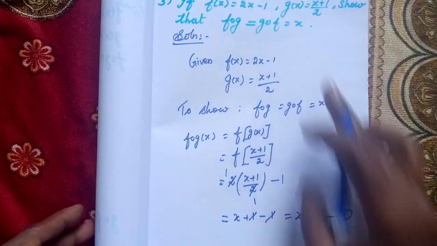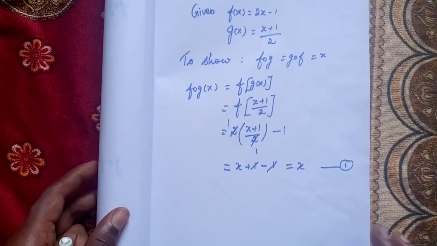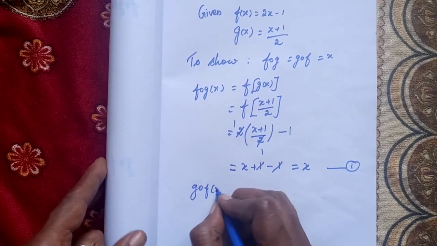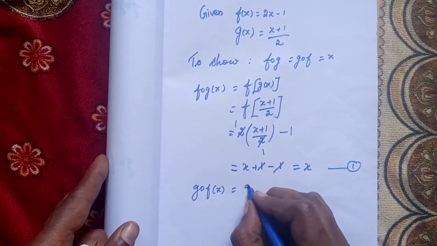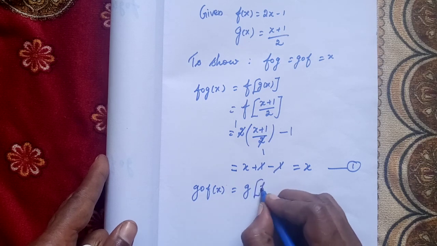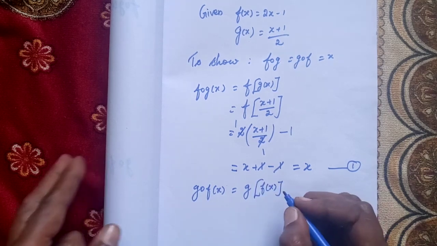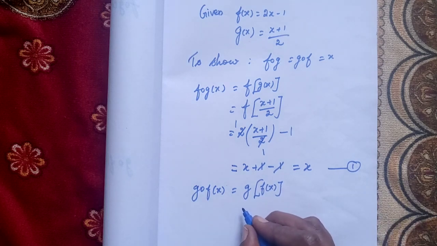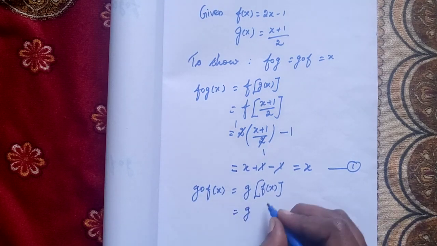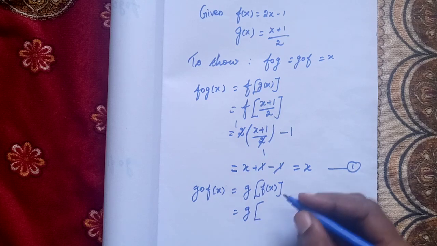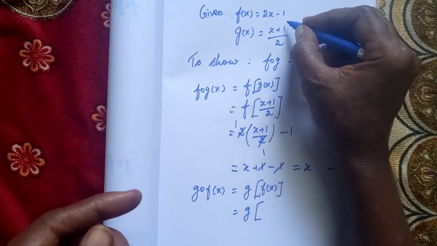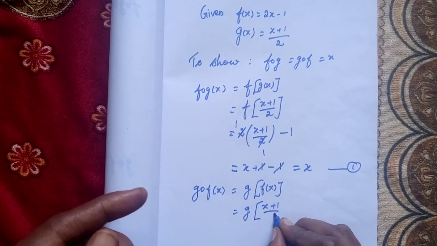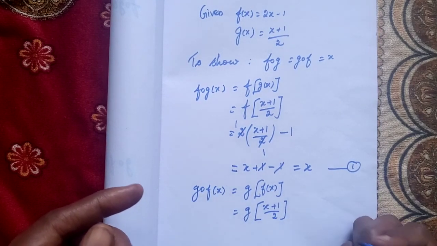Next, g composite f of x we want to find out. G composite f of x is equal to g of f of x. It's equal to g of f of x, whose value is 2x minus 1.